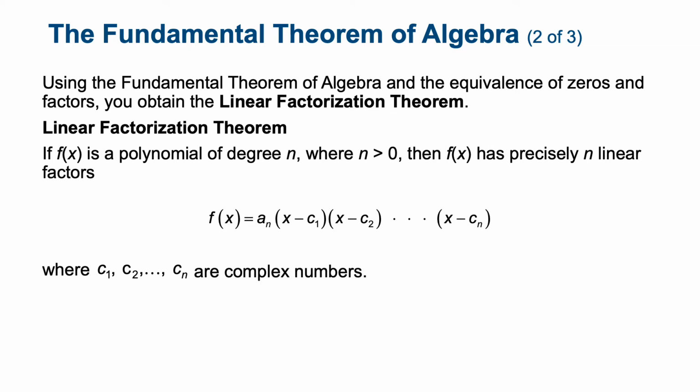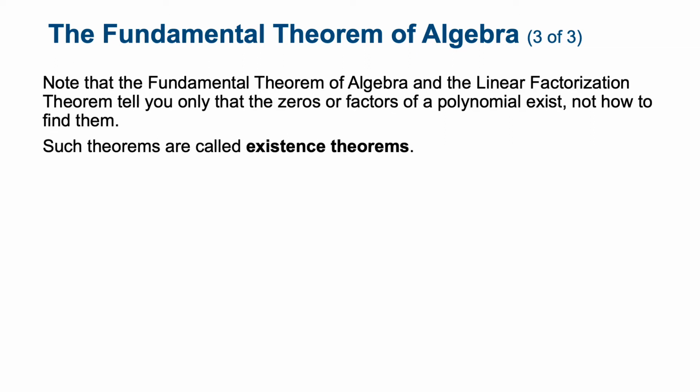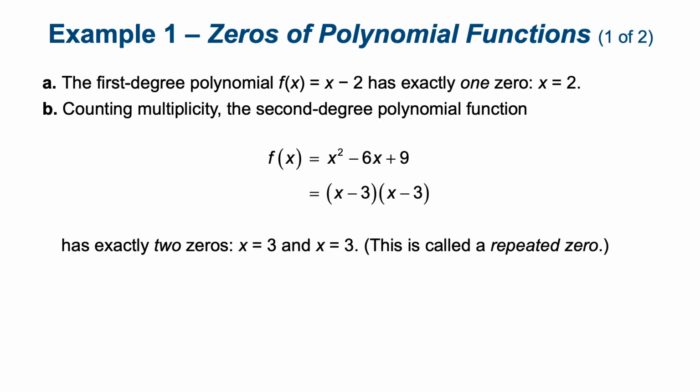You factor out some a sub n in the front, and then you can rewrite the polynomial in terms of linear factors, x minus one number, times x minus another number, times x minus another number, where you can have complex numbers. These theorems don't tell us how to find the zeros. They just tell us that they exist, and this kind of theorem is called an existence theorem.